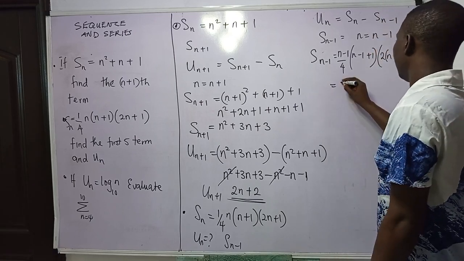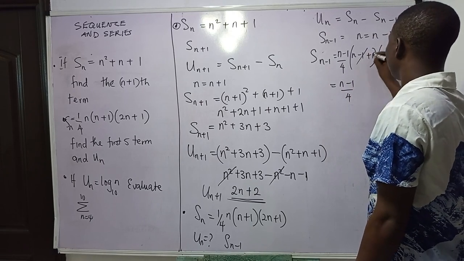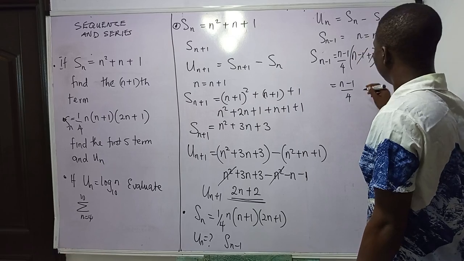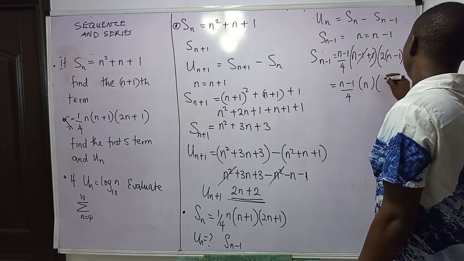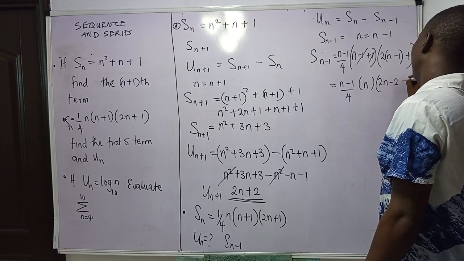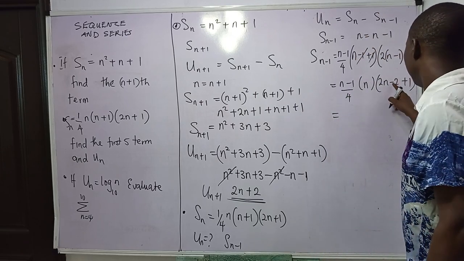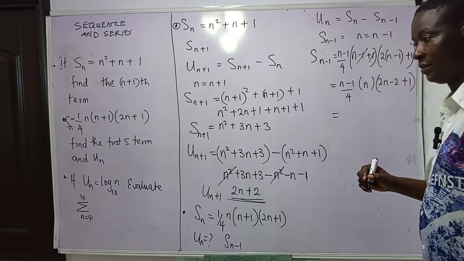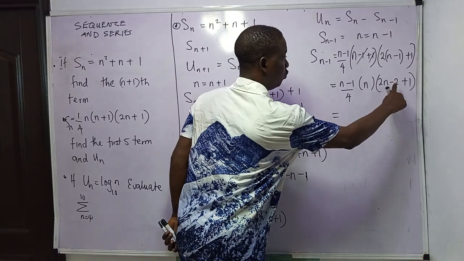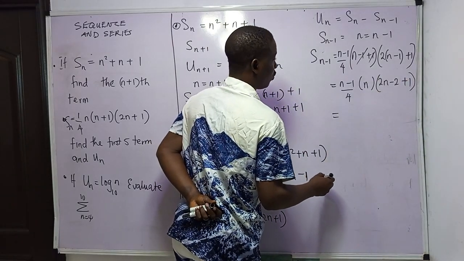So we're going to have n minus 1 over 4. This will cancel, this is n. I will have it as n, then 2n minus 2 plus 1. Minus 2 plus 1 is minus 1.